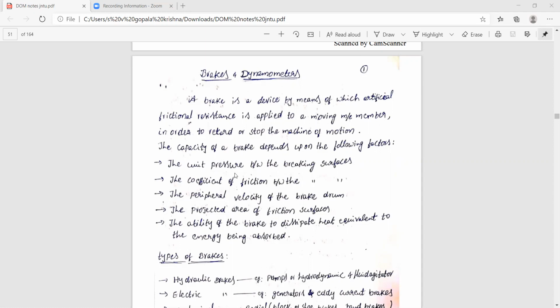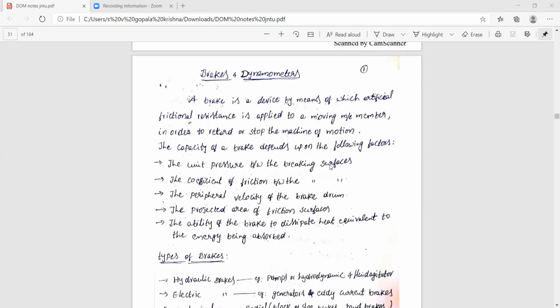First, unit pressure between the braking surfaces, and coefficient of friction between the braking surfaces, peripheral velocity of the brake drum, and area of the friction surfaces, the projected area of the friction surfaces, and the last one, the ability of the brake to dissipate the heat equivalent to the energy being absorbed.